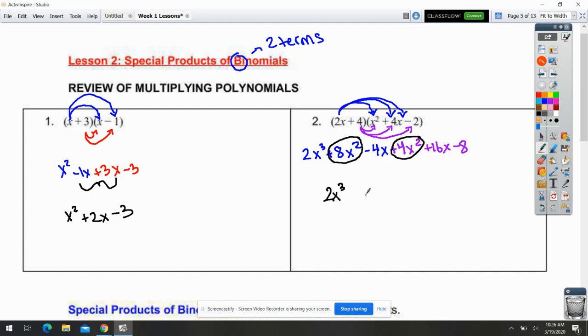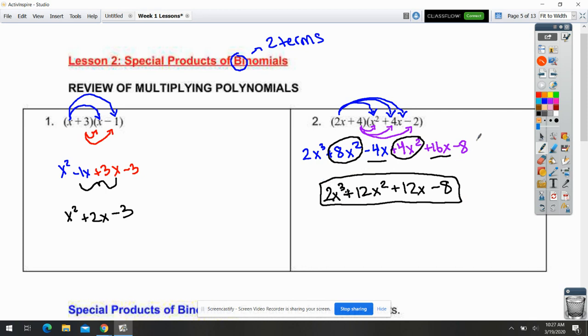So 8 plus 4 is 12x squared. And we have the -4x here and the plus 16x. Using your calculator, you should see that's 12x. And then nothing can combine with that -8, so we're just going to leave it. And this is our answer.